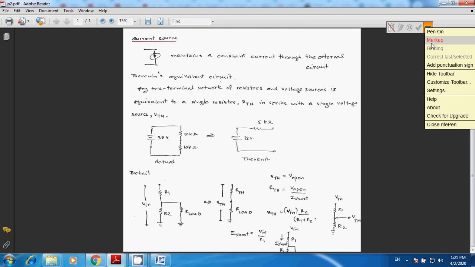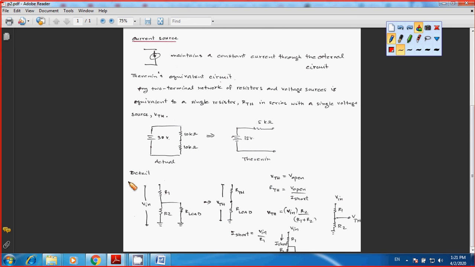Okay, let's take a look at the circuit. You have our input supply voltage, and you also have R1 in series with R2, similar to the voltage divider circuit, as I discussed before.